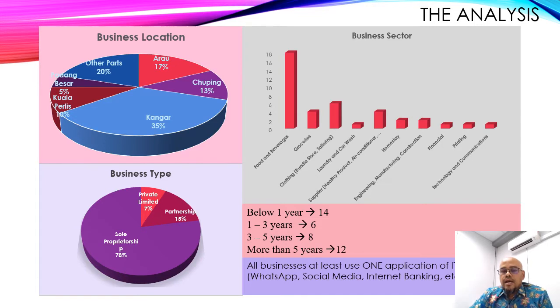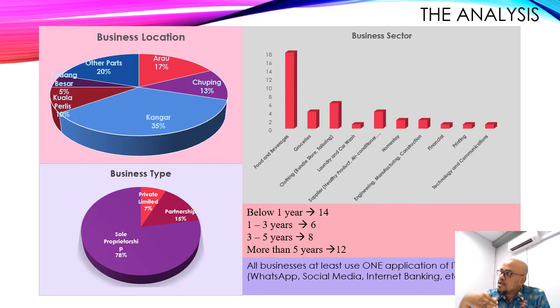And through the questionnaire, it is also found that most of the businesses are already using at least one application of e-commerce or IT applications. Mostly they are using WhatsApp and social media for business purposes.